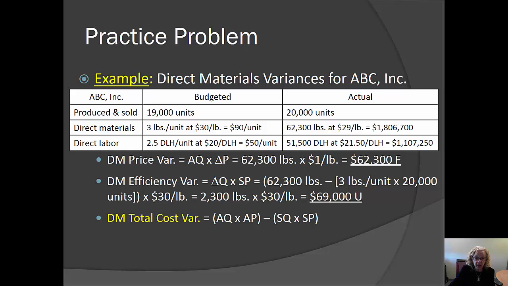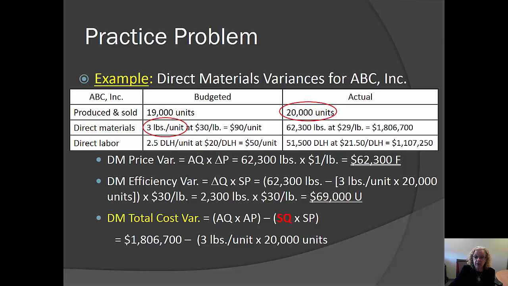One way is to find the difference between what we actually paid and what we would have expected to pay. We know how much we actually paid, that was given. How much would we expect to pay for 20,000 units?